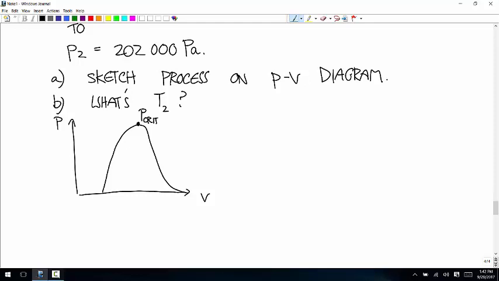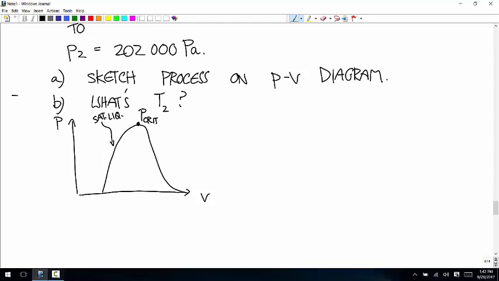On this side of the critical pressure, what do we know about the material on that curve? That is a saturated liquid, that's right. And what do we know about all of the states on this side?